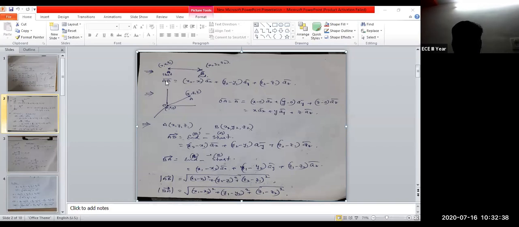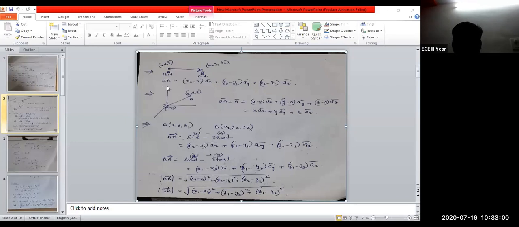Okay, good. Most of the people are answering in the chat. But here I cannot call this AB bar as A bar vector. Why?